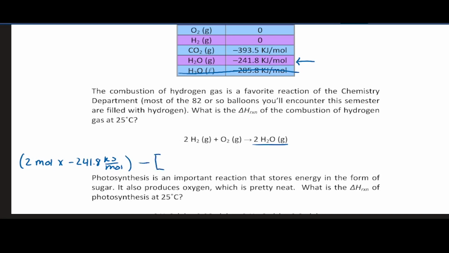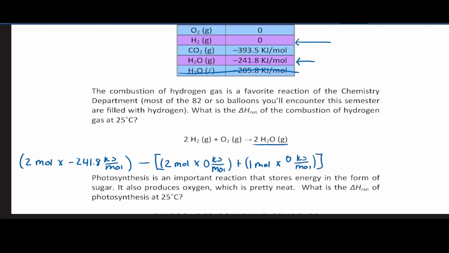Minus the summation of our reactants. So this will start off with our hydrogen gas, which is 2 moles, times its number, which as we see right here is 0. And we'll add that to the O2, which is 1 mole times 0 as well.